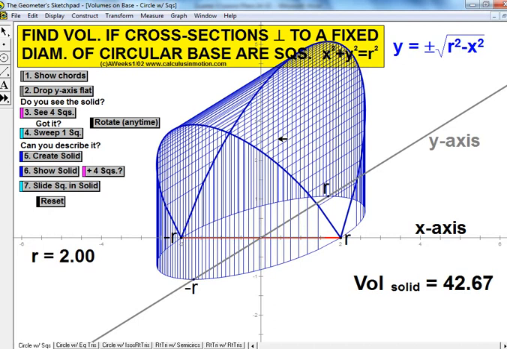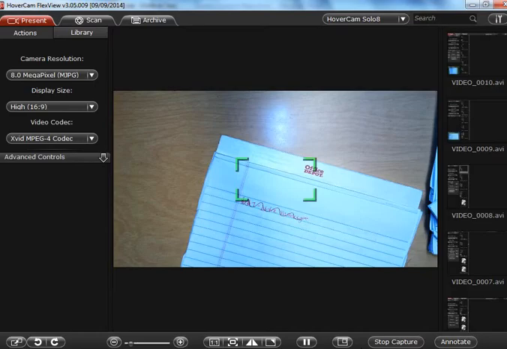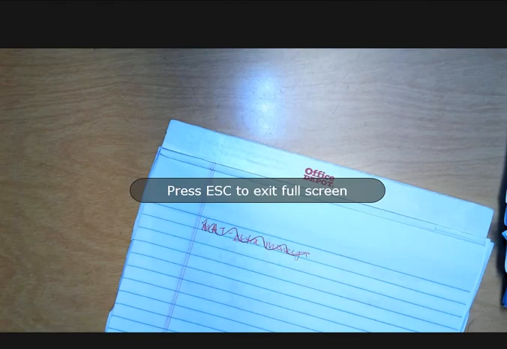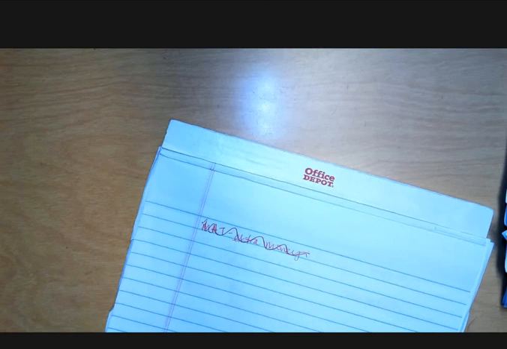I know the cross sections perpendicular to the x-axis are squares, so if I were to take this little slice and pull it out and put it on its side, it would be a square like this. So I need to find the volume of this.